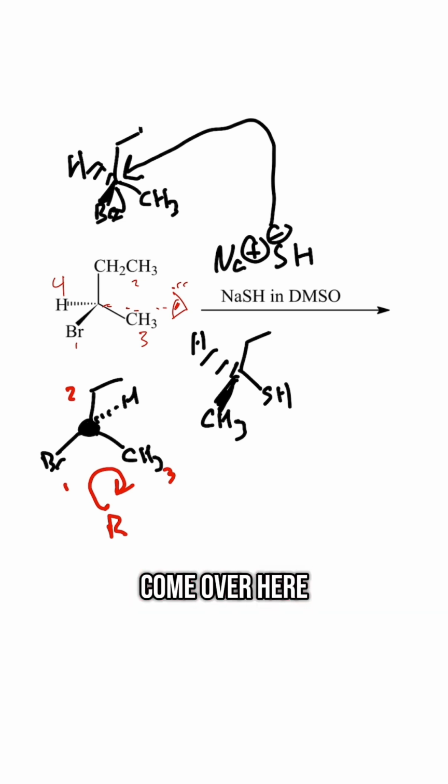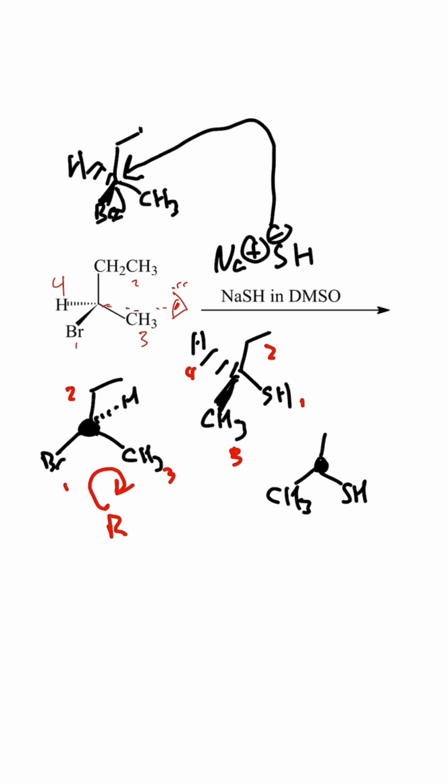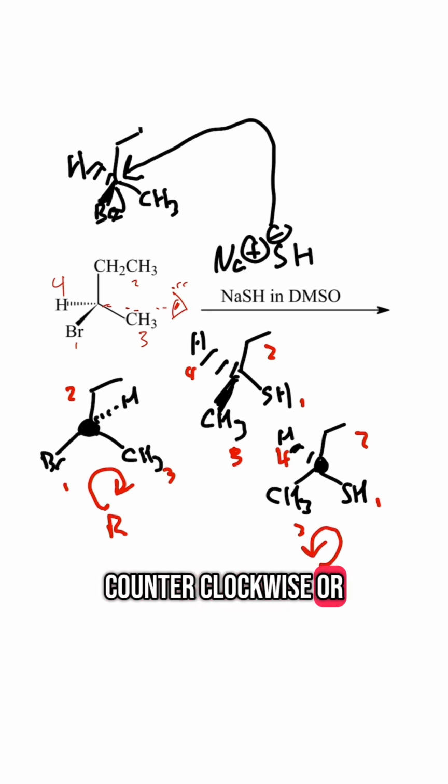Now, if we come over here to test to make sure we drew this right, we have again 1, 2, 3, and 4. So we're looking, and so we would draw our Newman projection this way. So thiol. So then we label them again 1, 2, 3, and 4. Now we're going counterclockwise or to the left. That means it is S configuration.